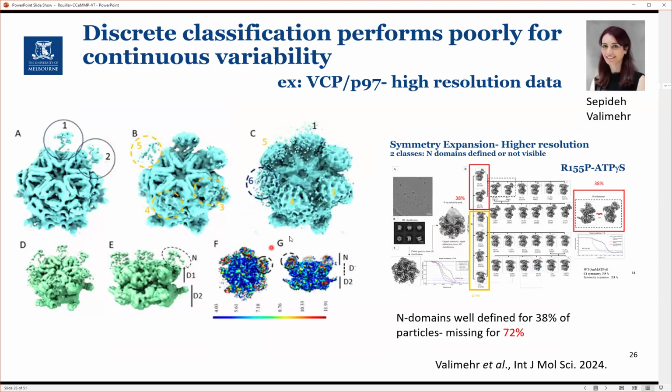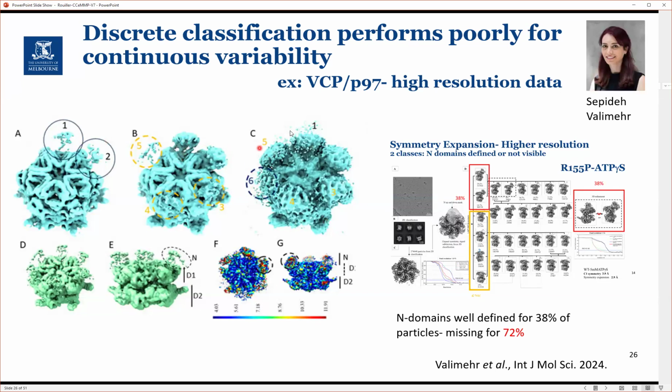And this is exactly what CPD was getting. If we look at the reconstruction she obtained for the mutant in the presence of ATP gamma-S, applying C1 symmetry, or basically no symmetry, she could see a bit of density for two of the domains.